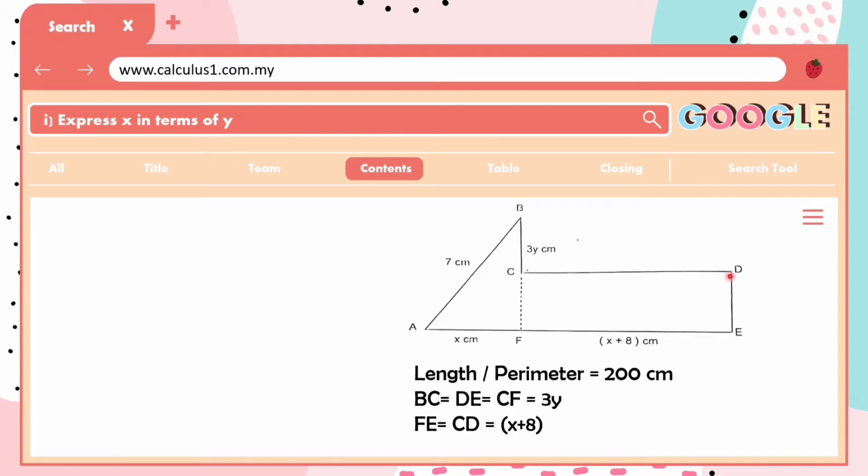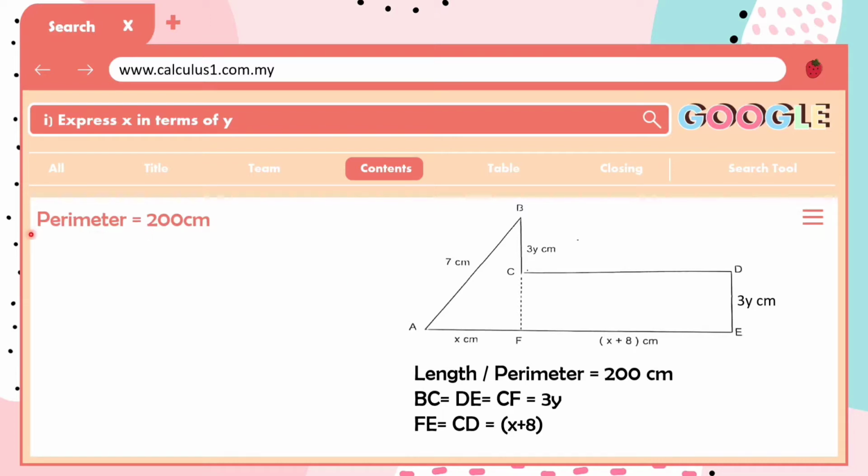BC equals DA and DE equals CF, that is 3y. CDEF is a rectangle, so CD is also equal to EF, that is x plus 8. Then we can go on to answer the question.